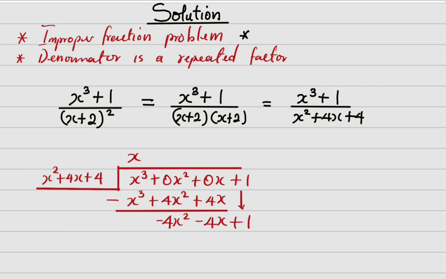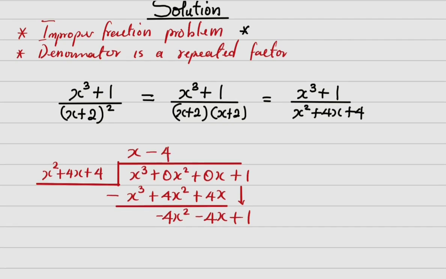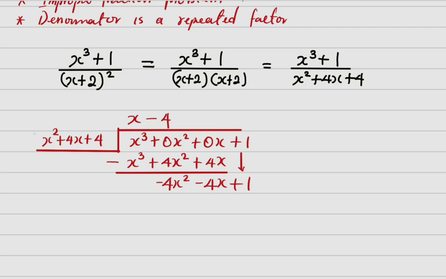The next factor I'm going to use will be minus 4, so that once I multiply all through, I'm going to have minus 4x squared, then minus 16x and minus 16. On subtracting, I'm going to have 12x here. Then I'll have plus 17.